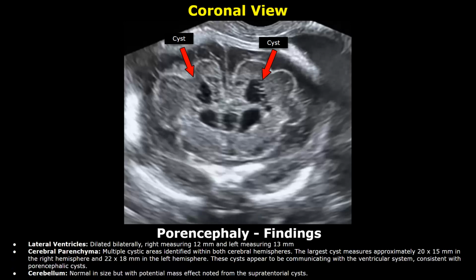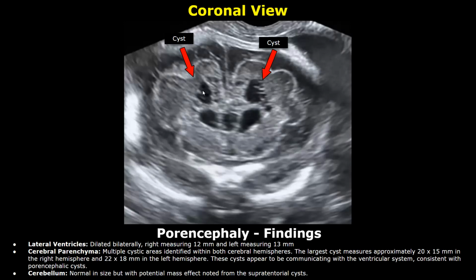Lateral ventricles dilated bilaterally, right measuring 12 millimeters and left measuring 13 millimeters. Cerebral parenchyma. Multiple cystic areas identified within both cerebral hemispheres.